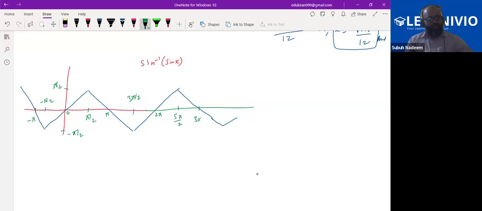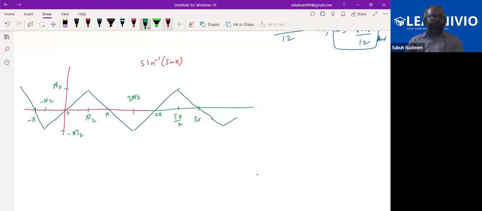So what we observe here is that this is the graph of sine inverse sine x, and the domain is real numbers, whereas the range is minus pi by 2 to pi by 2. The values will always be between minus pi by 2 and pi by 2. So this graph we need to know.